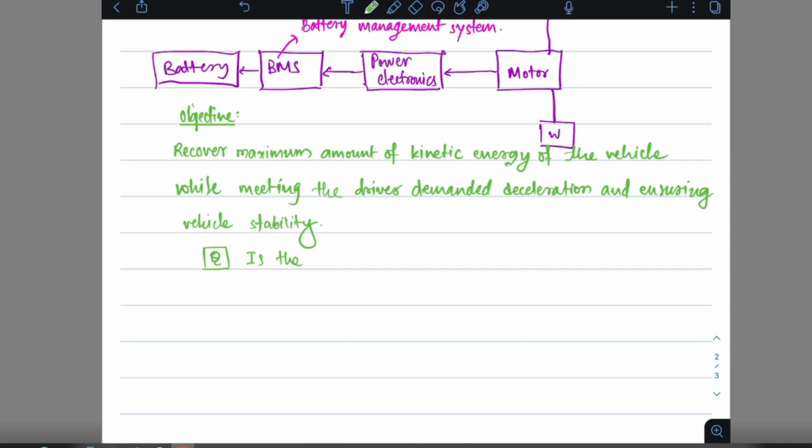so we are asking the first question: is the demanded deceleration achievable by the regenerative brakes alone?